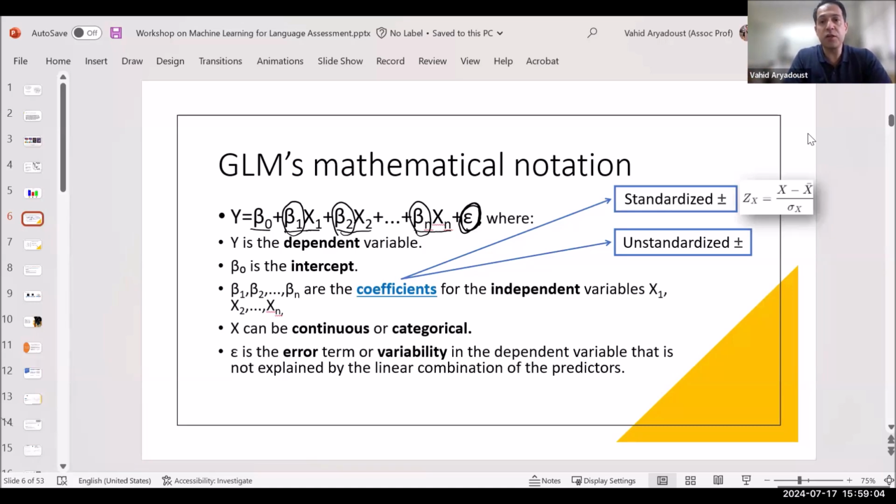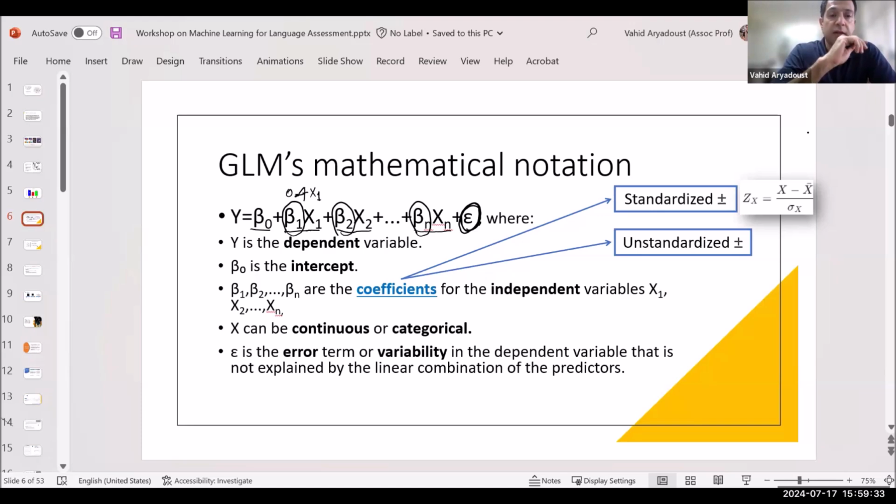the way that we interpret standardized and unstandardized coefficients is slightly different from each other. Standardized coefficients are interpreted as follows. For example, let's say the standardized coefficient for x1 is 0.4. Okay, so 0.4 x1. This is how you interpret it. This is standardized, remember.